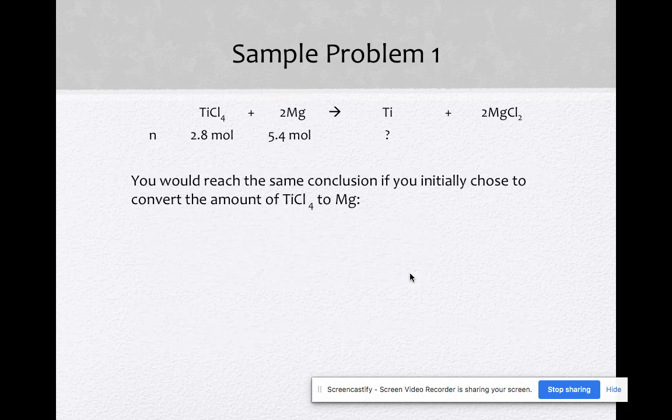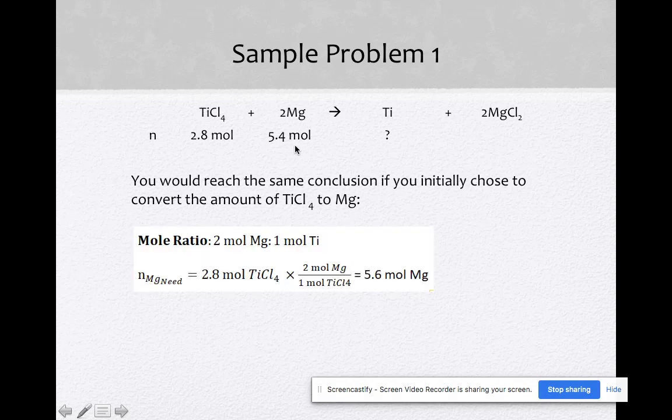Now, at the beginning, we said that it doesn't matter which reagent you choose to try to figure out who the limiting reagent is. In the initial part of the problem, we went and asked the question and said, okay, if we have 5.4 moles of magnesium, how much titanium chloride would we need? Now, we could do it the opposite way and say, okay, if we have 2.8 moles of titanium chloride, how much magnesium would we need?